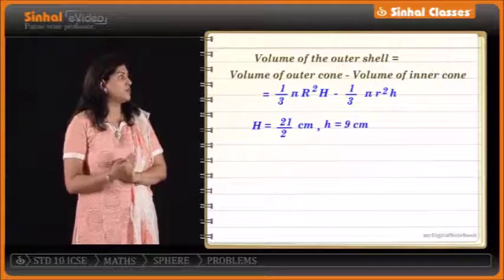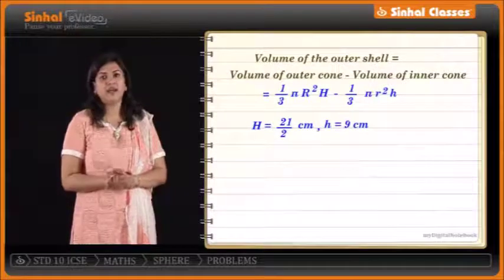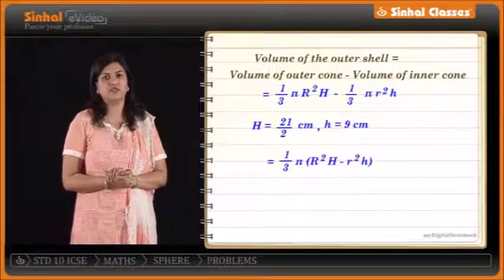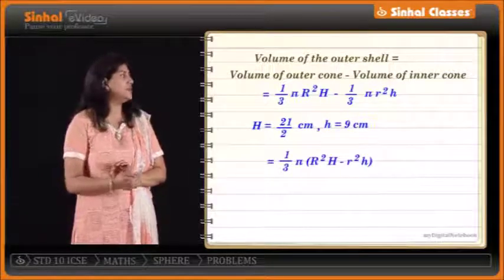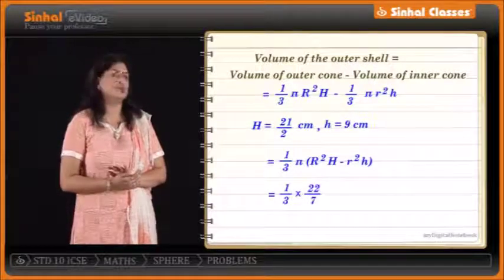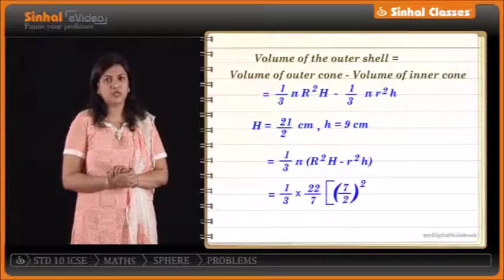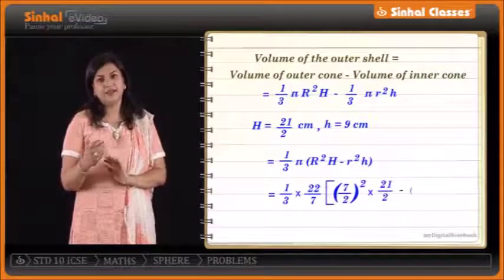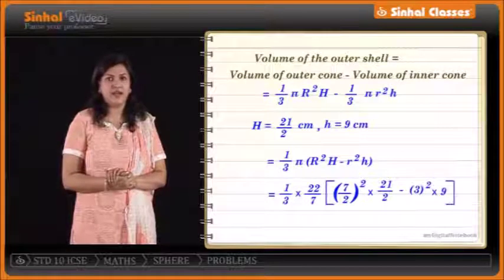Now 1 upon 3 pi common in the bracket R square H minus r square h. Substitute the values, we get 1 upon 3 into 22 upon 7 into 7 upon 2 the whole square into 21 upon 2 minus 3 square into 9.